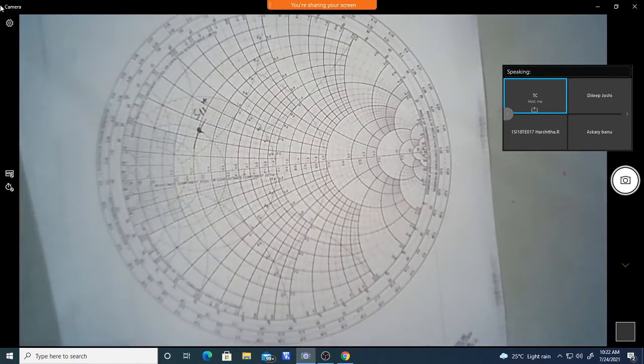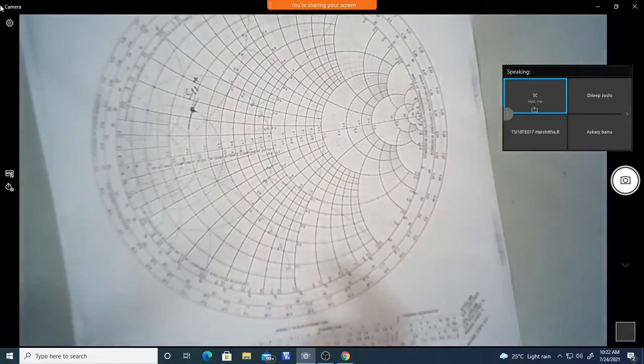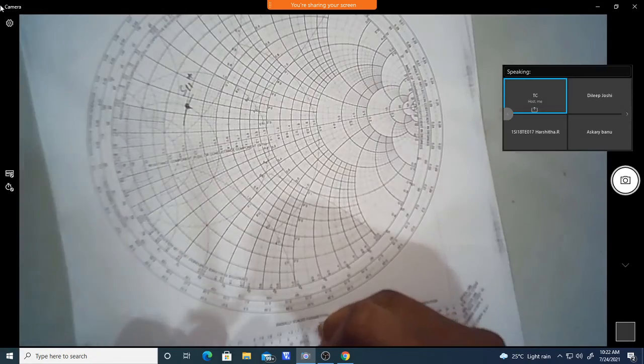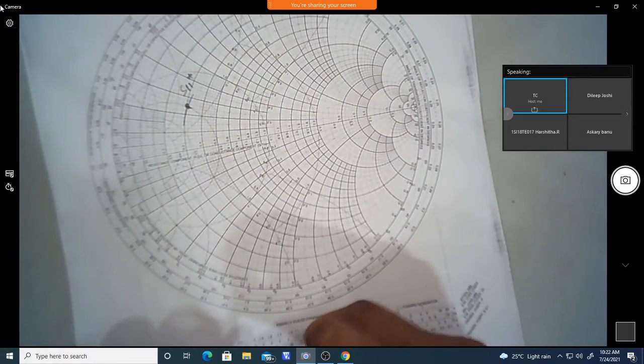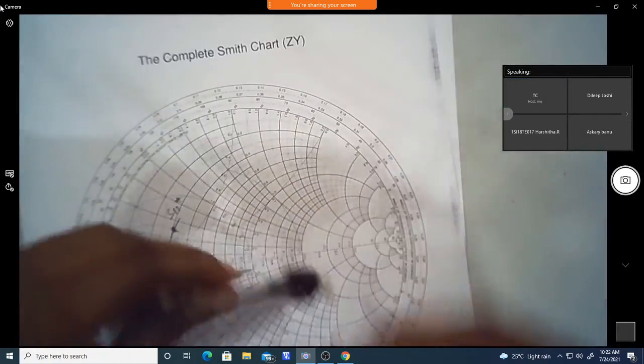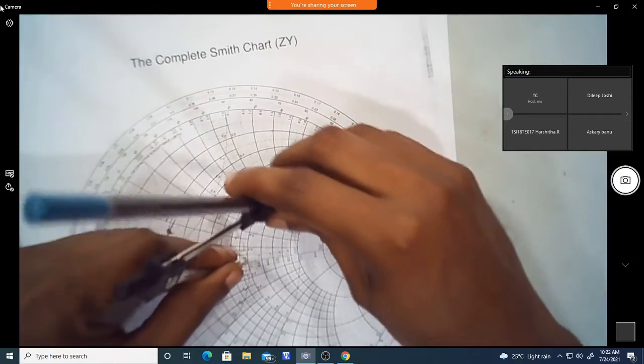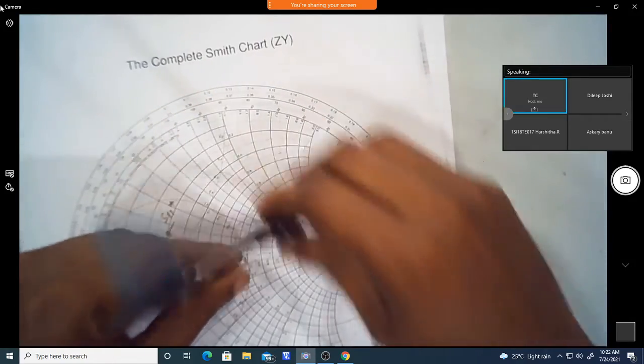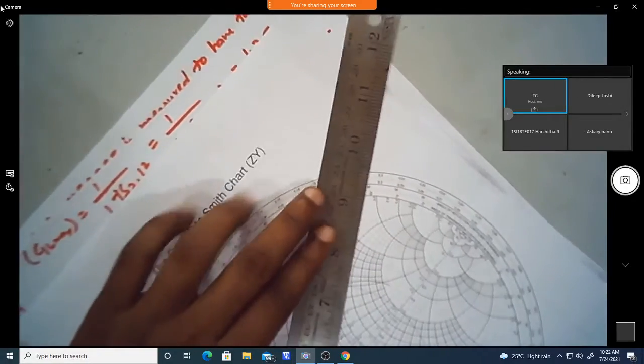That is the input constant gain point at the input side. Similarly, we are getting the S22 point. You can mark 0.45 at an angle of 30 degrees. Take the radius 0.45 and mark it, and you can get the value at exactly the 30 degree angle.